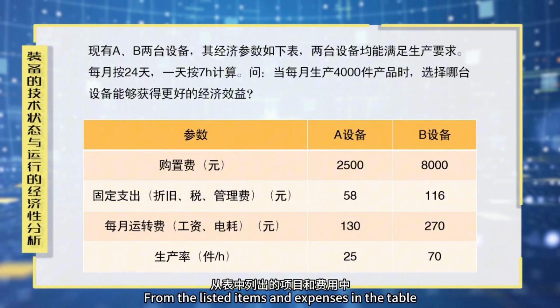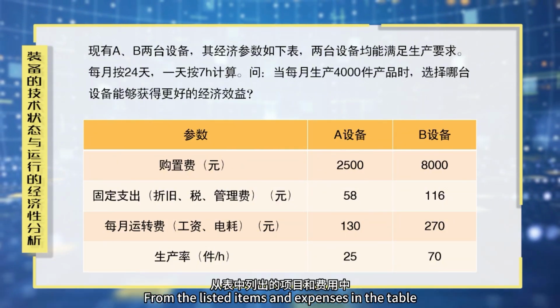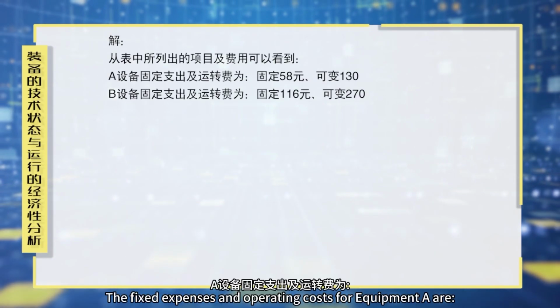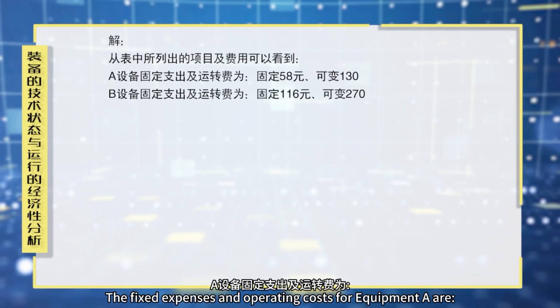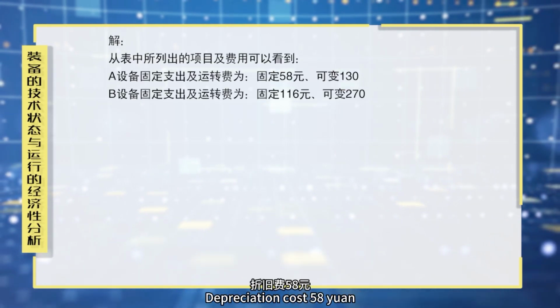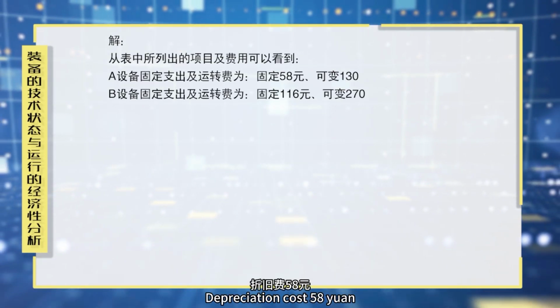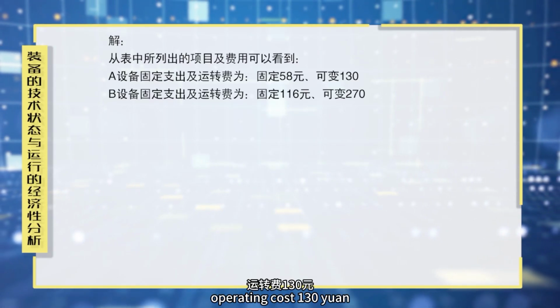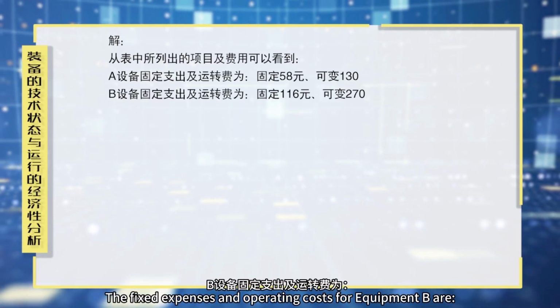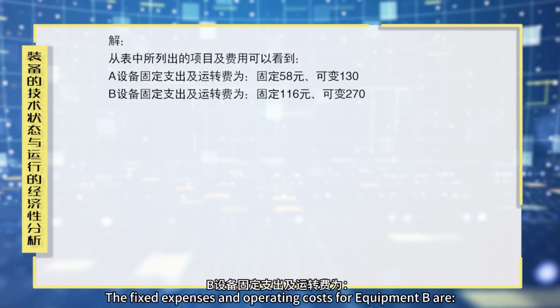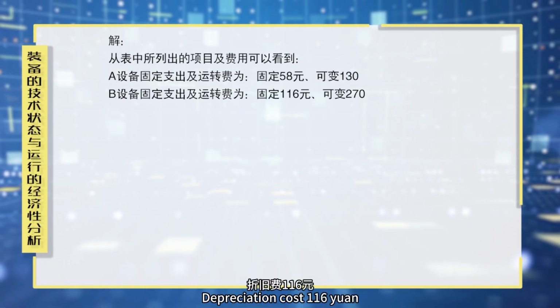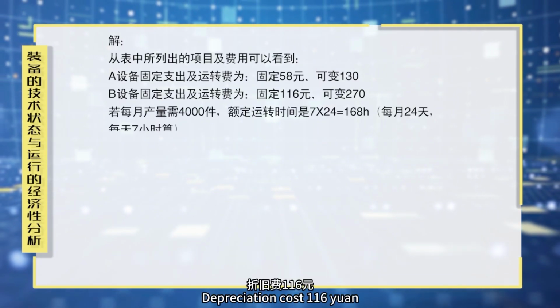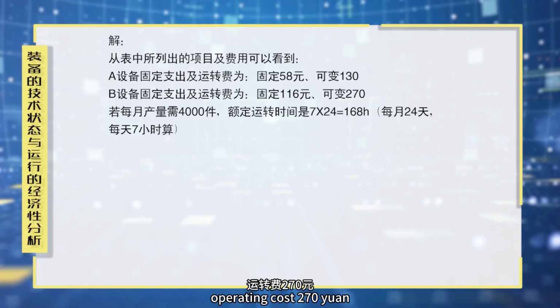Solution. From the listed items and expenses in the table, we can see that the fixed expenses and operating costs for equipment A are: depreciation cost 58 yuan, operating cost 130 yuan. The fixed expenses and operating costs for equipment B are: depreciation cost 116 yuan, operating cost 270 yuan.